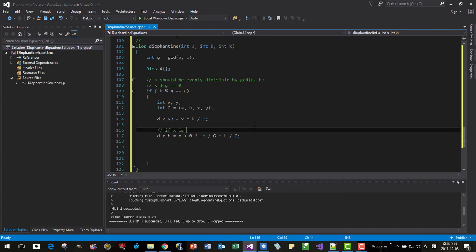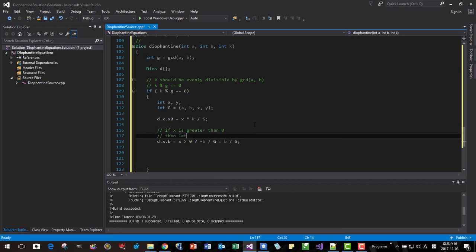If x is greater than 0, then we let b be negative. Okay, so d.y.x0 is y times k over g.